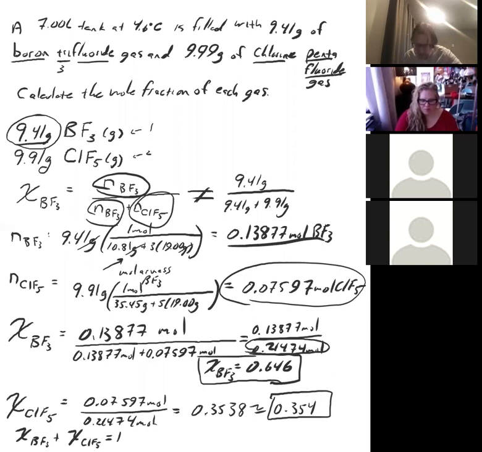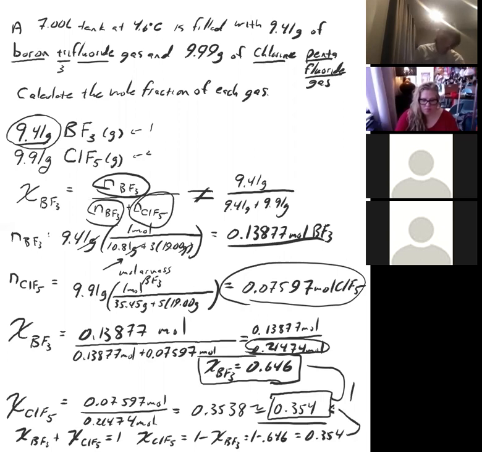So the mole fraction of chlorine pentafluoride is just 1 minus the mole fraction of BF3. So that would be 1 minus 0.646, and you get the same answer. So you can use that method as well.